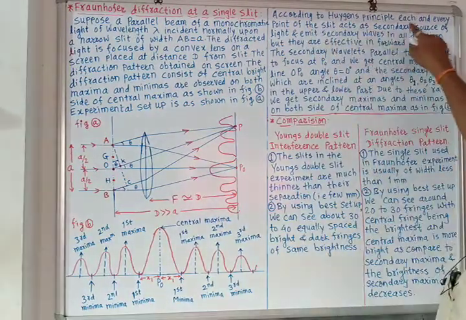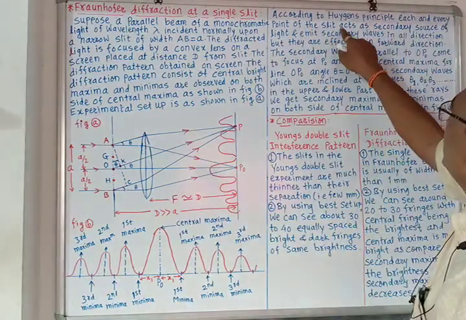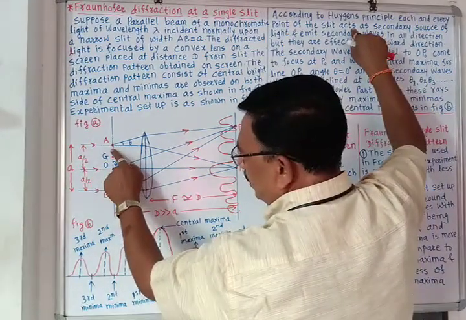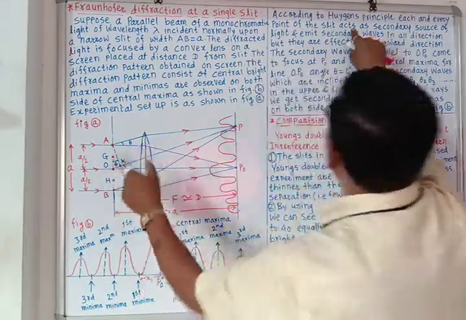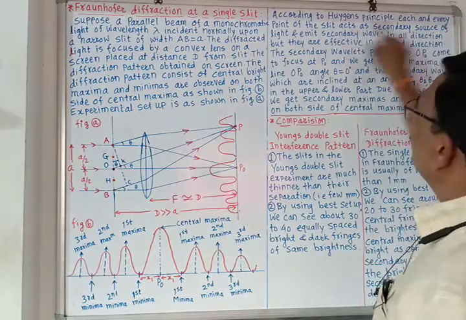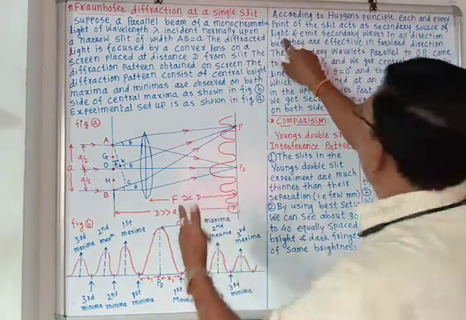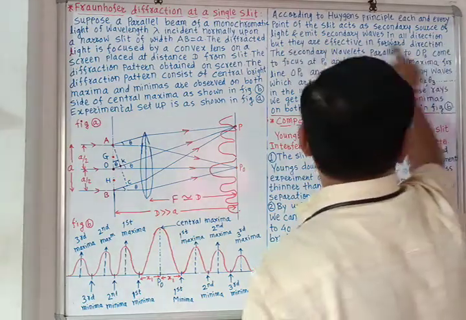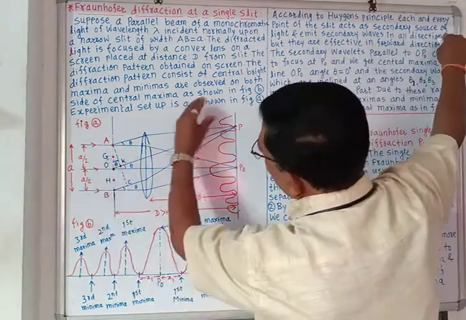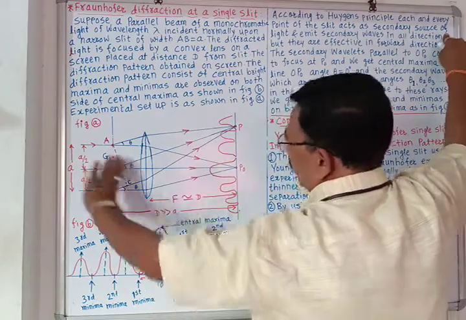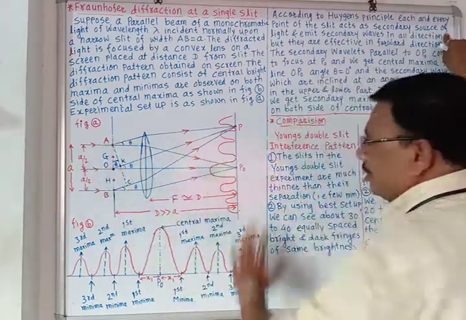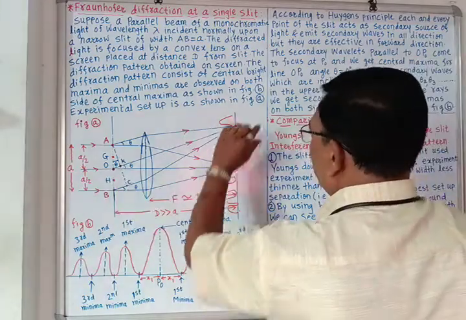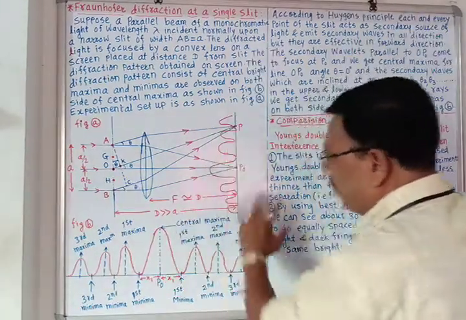According to Huygens principle, each and every point of the slit, the points on this AB slit, each and every point acts as a secondary source of light and emits secondary waves in all directions. All directions means in this direction also, in this direction also, and front direction also. So many maximas and minimas we can form.